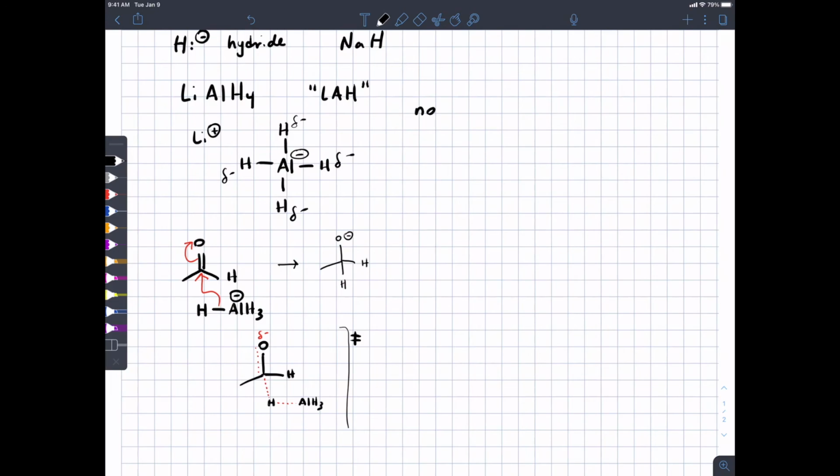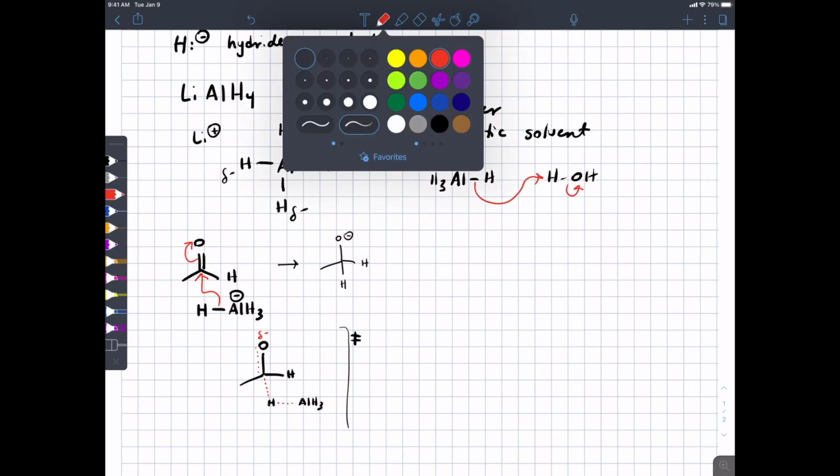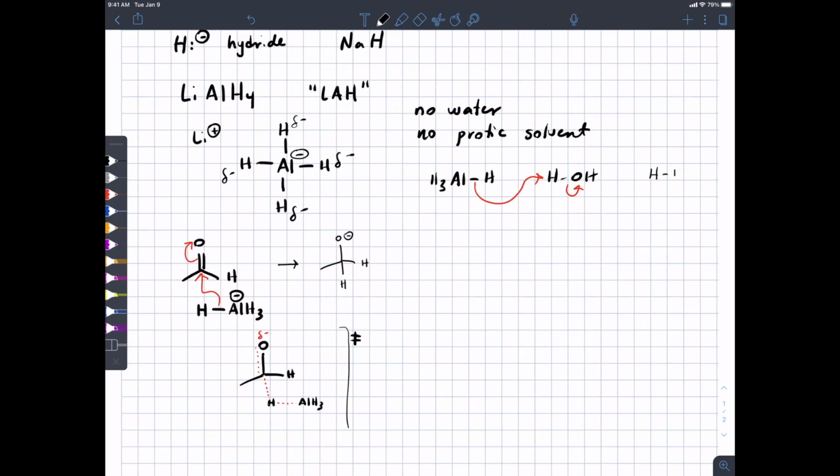You don't want it to be exposed to water or protic solvents, because if this hydride reagent is exposed to water, what happens is a very fast and rapid acid-base reaction, whereby hydride removes a proton from water, you end up making hydrogen, and if you do this in an uncontrolled and exothermic fashion, you can start a fire.